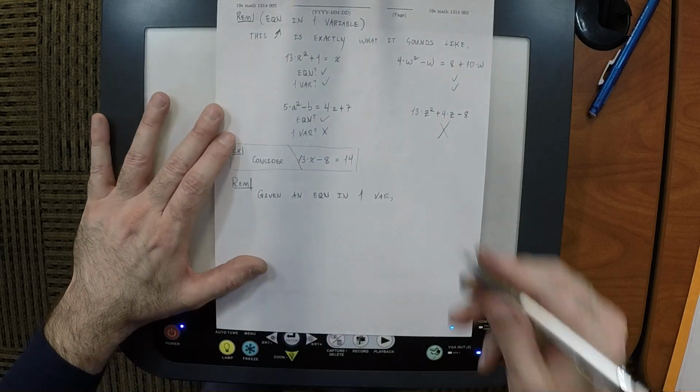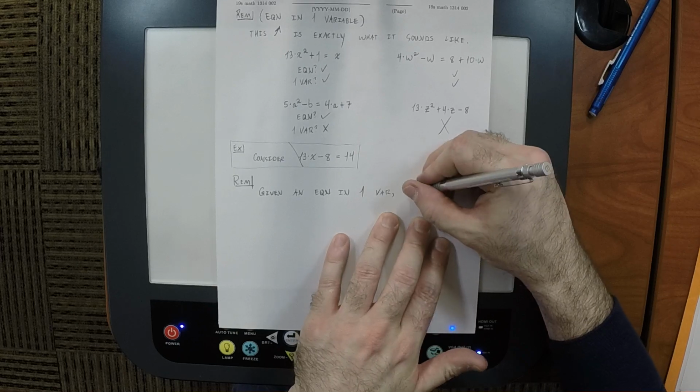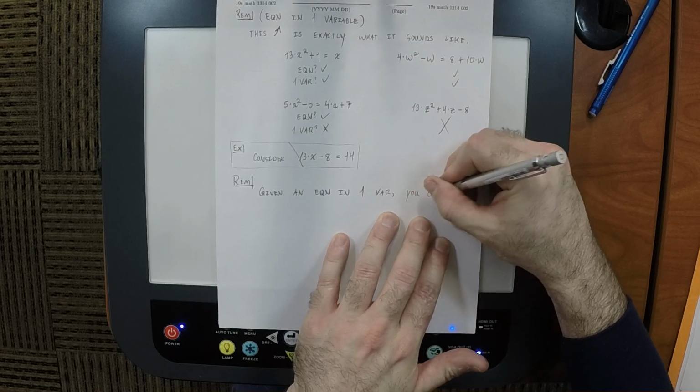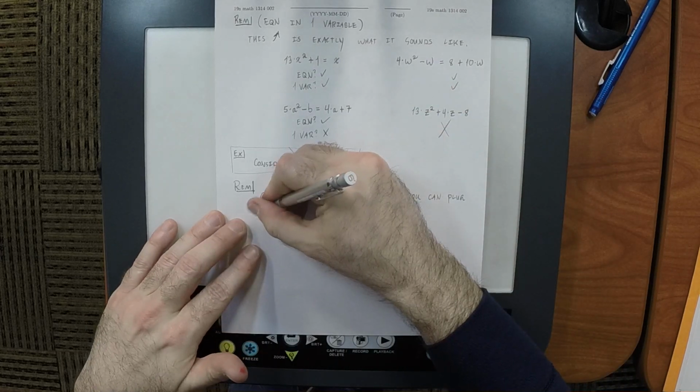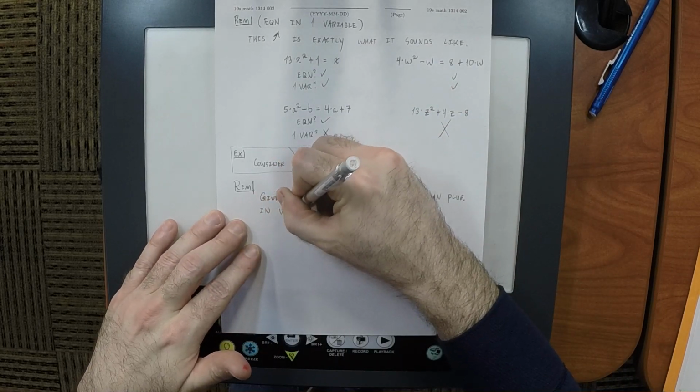So given an equation in one variable, you can plug in values.